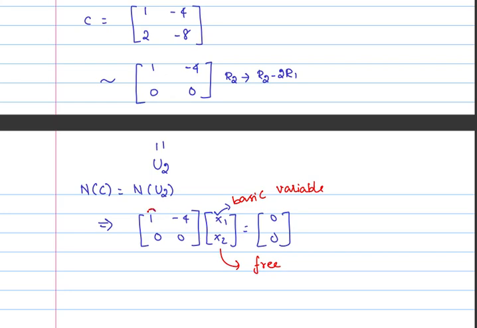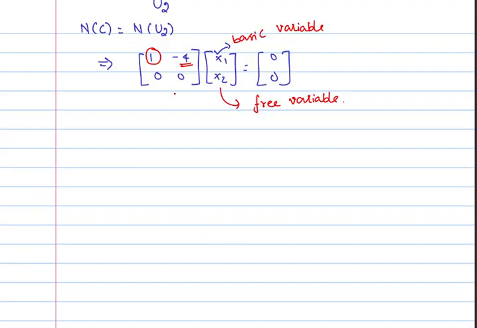The reason is that this is the pivot position and this is not a pivot position, correct? So x1 equals 4 times x2, and x2 is simply x2.